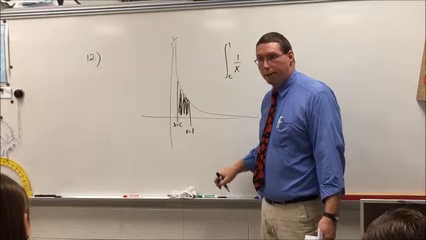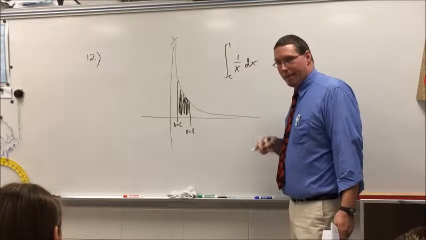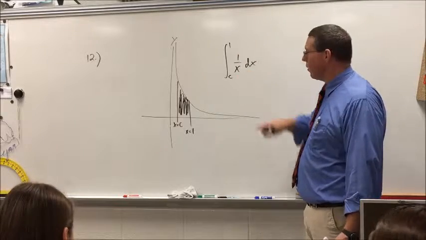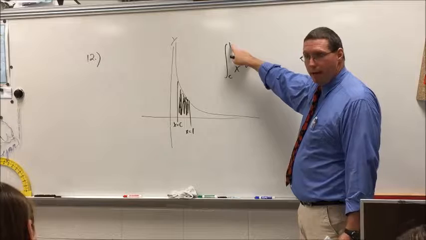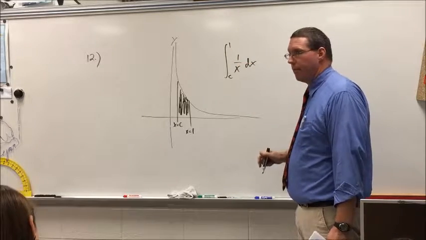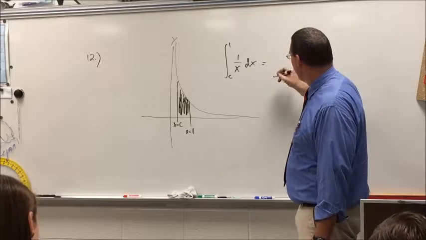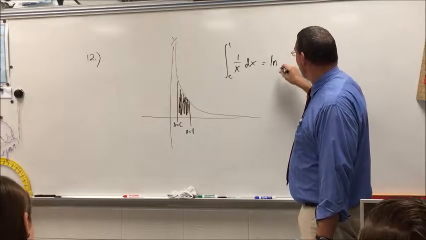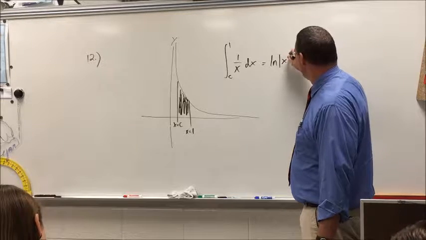From c up to 1, dx. Do you agree this is the area formula, and that we're going left bound to right bound, top minus bottom? Alright, so what's the antiderivative of 1 over x? Natural log of the absolute value of x, right? Okay.